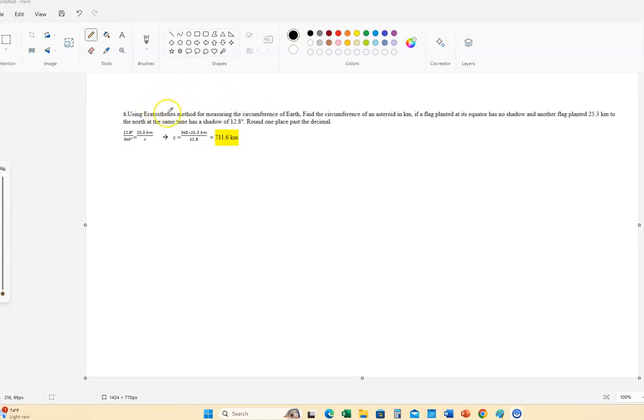Anyhow, Aristophanes' method basically says the following: if you measure the angle, and you compare that to the fact that the Earth is a circle of 360 degrees, then that angle to 360 degrees is exactly the distance between Syene and Alexandria, divided by the circumference of our planet.